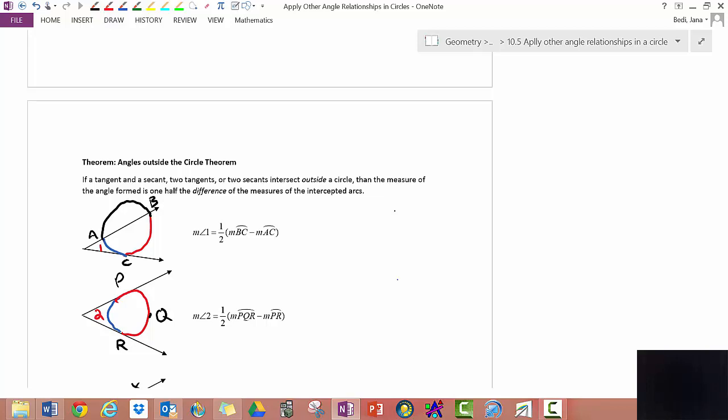So in the first diagram, if you have a tangent, the tangent is at point C, and a secant, the secant is AB, or if you just have two secants that intersect outside a circle, then the measure of the angle which is now created outside the circle is the difference between the outer arc, so this is the outer arc, and the inner arc.